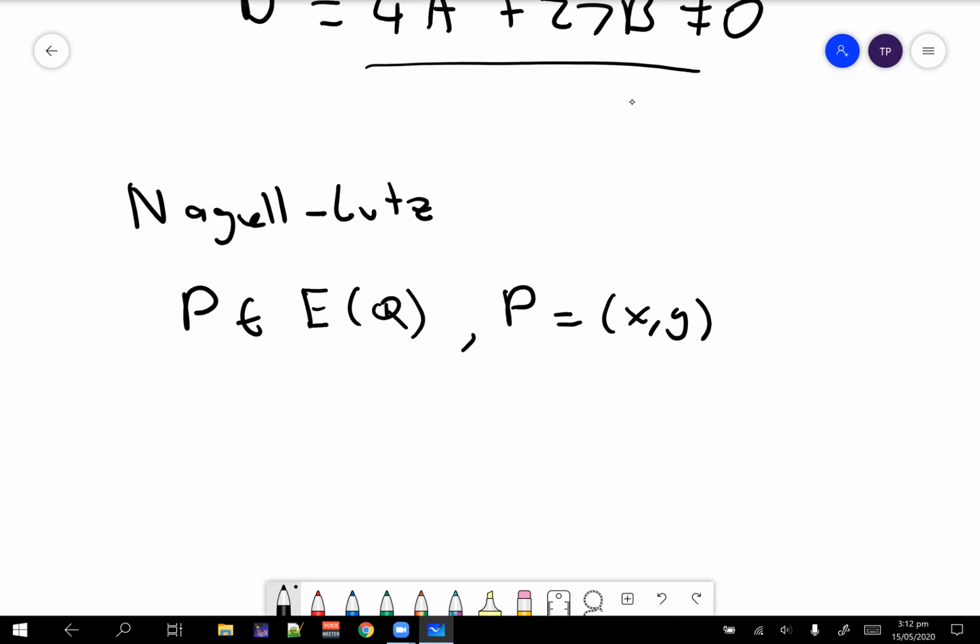Then we say that this rational point P has finite order.